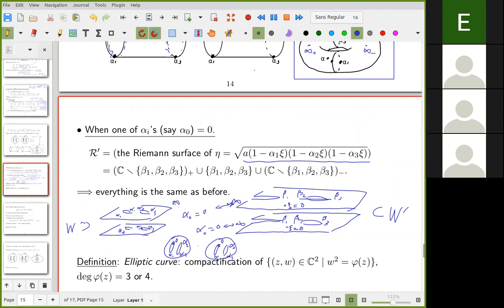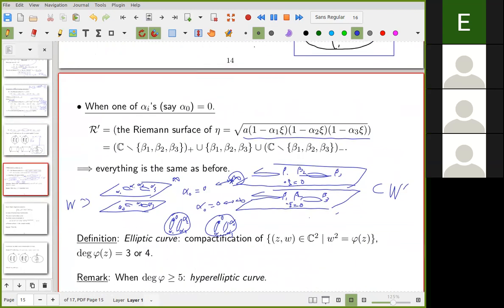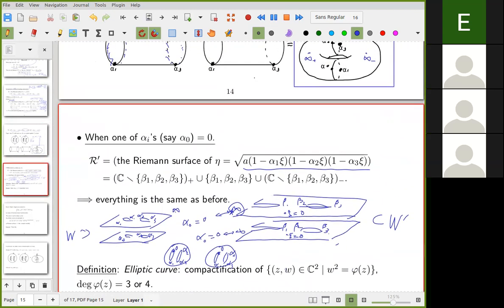And this alpha zero is identified with infinity in this picture. So again, this construction by two P1s can be applied, and from this, we have again a torus.